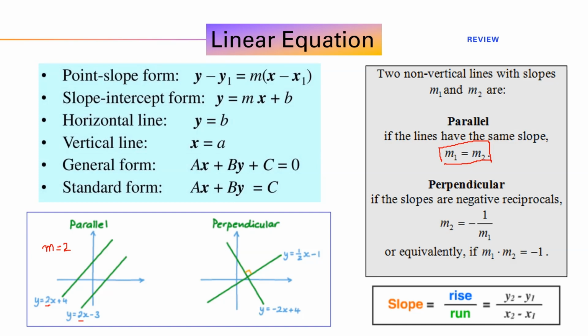Okay, so the perpendicular case is when, say this is y1 and this is y2, they cross and make a 90-degree angle.